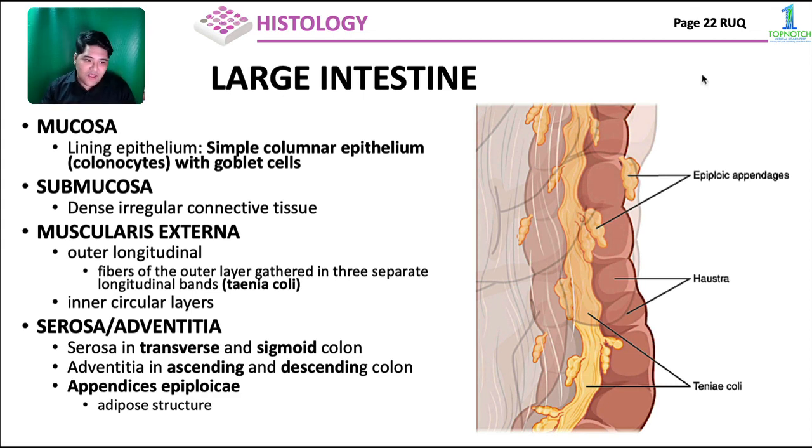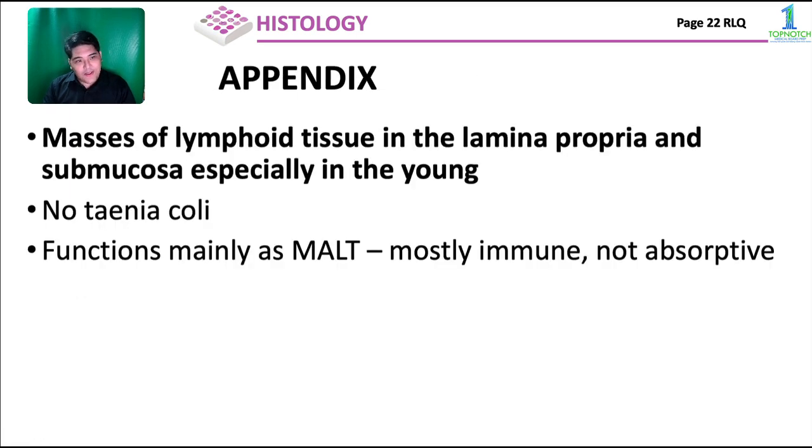And then, you also have here yung mga adipose structure in the large intestine. This is what you call your appendices epiploicae, okay, or epiploic appendages. These are just adipose structure. Now, appendix is a mass of lymphoid tissue in the lamina propria and submucosa, especially in the young.